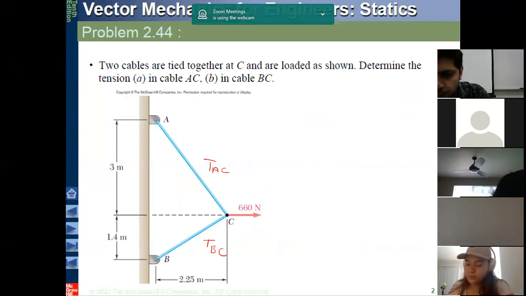Okay, could someone tell me what's the direction of cable forces? But first, we need to draw the free body diagram.